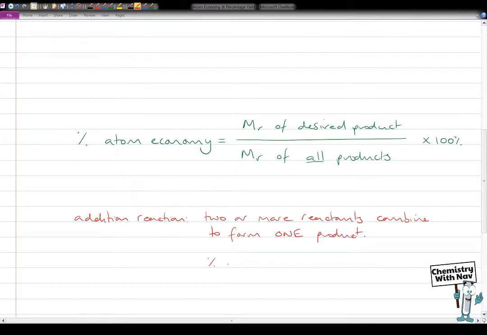So that means that the percentage atom economy must always be 100%. An example of that is ethene, C2H4, reacting with bromine, Br2, because you end up with 1,2-dibromoethane. That's the only product, and if there is only one product, then you must have 100% atom economy. So addition reactions are good in terms of atom economy.